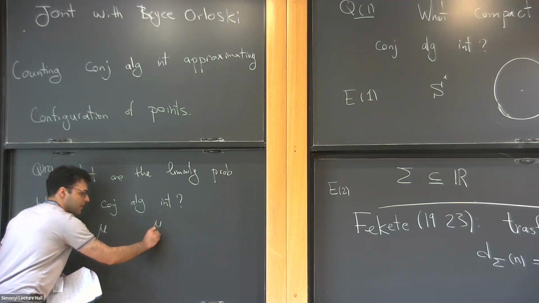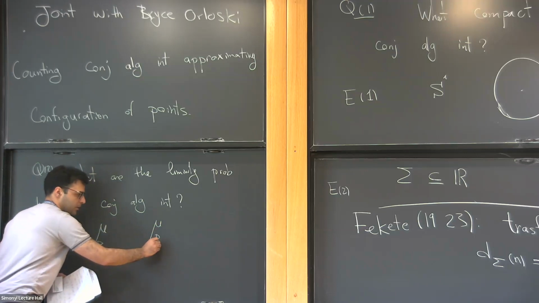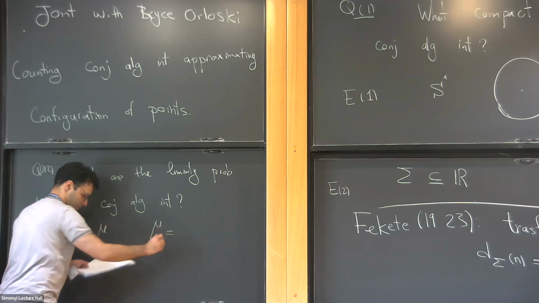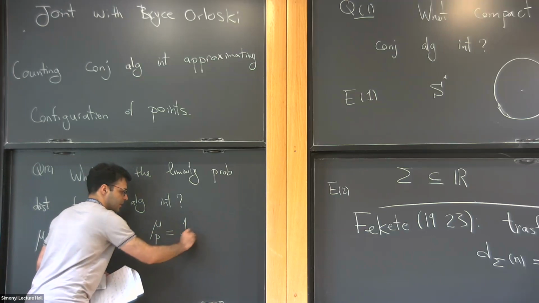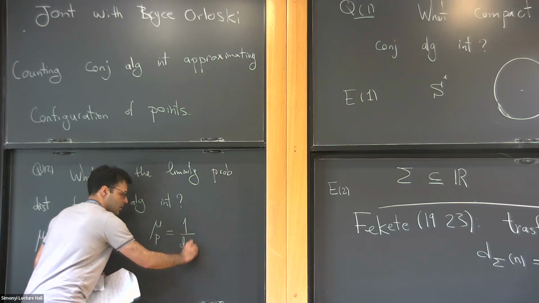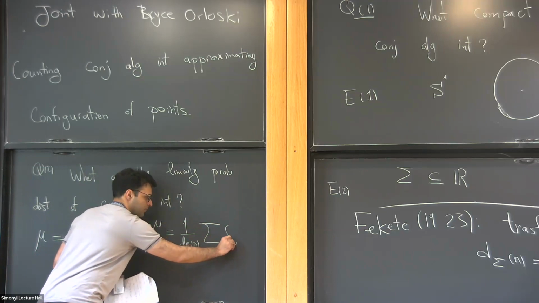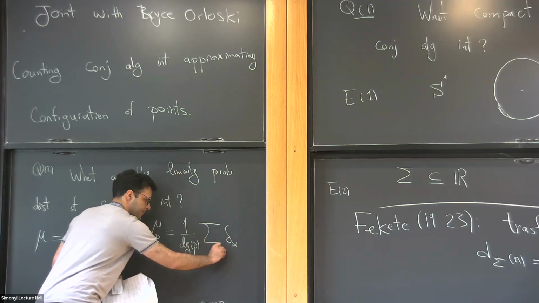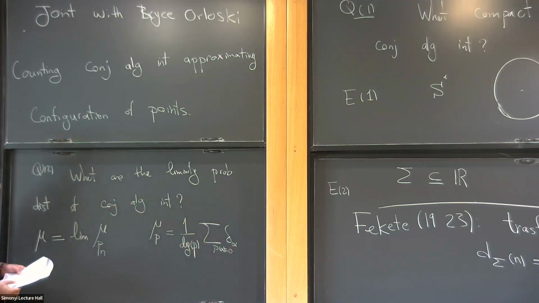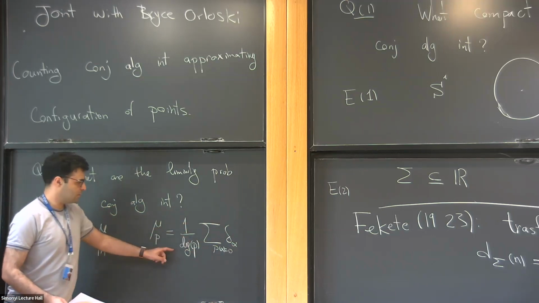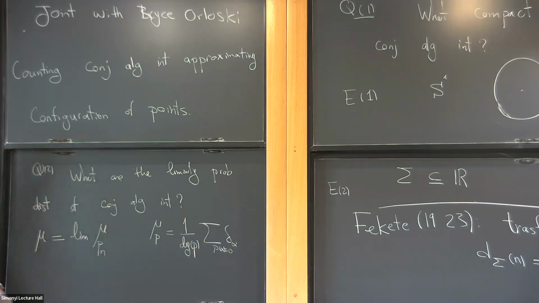Mu sub P, where P is a polynomial, is defined to be 1 over the degree of the polynomial times the sum of the delta masses at the roots of the polynomial. So it has n roots, and it's a probability measure supported on the roots of P.